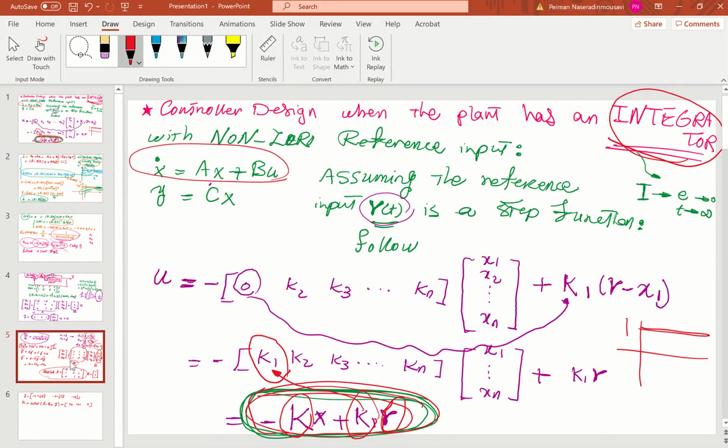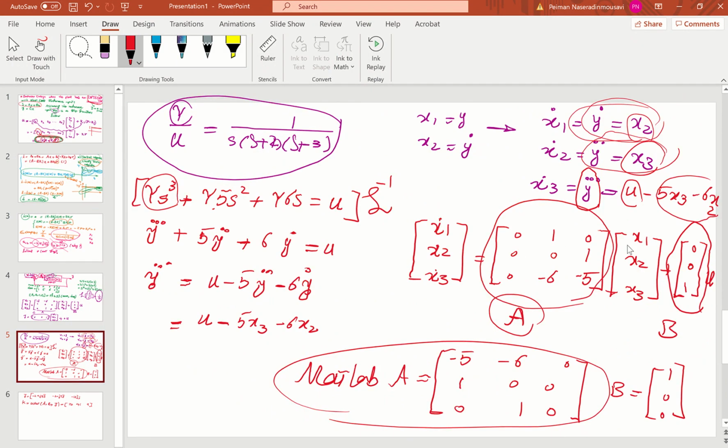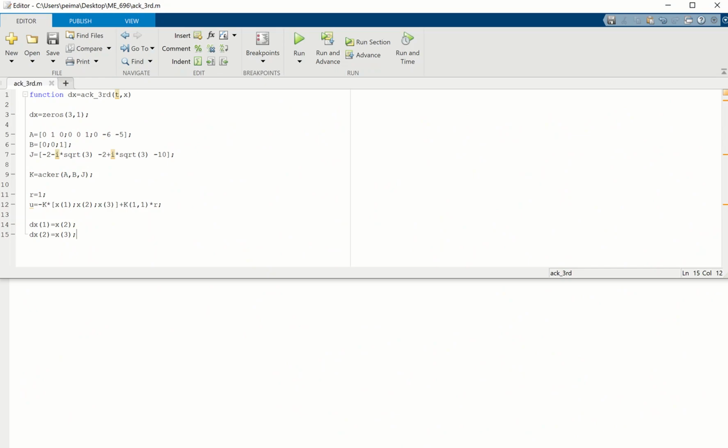Here we go. See, this is it, with x2, x3, and 0, minus 5, minus 6. That's right. dx3 is how much? Minus 6 x2, as we did, minus 5 x1. I'm typing like this because I'm teaching you.